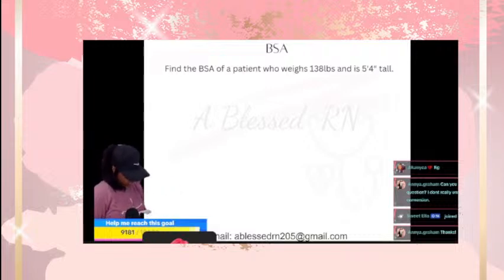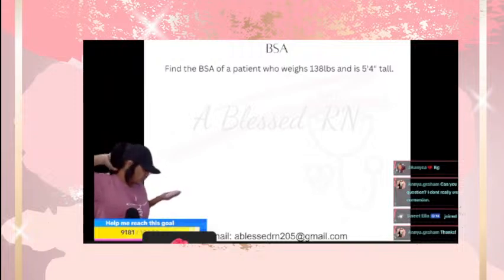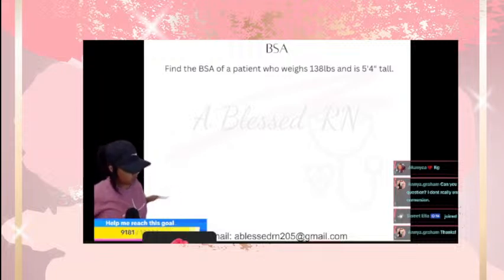So BSA, find the BSA of a patient who weighs 138 pounds and is 5 feet 4 inches tall. There are two ways to solve it. So you can solve it in the metric conversion way with your weight in kilograms times your height in centimeters divided by 3600, or you can solve it by using pounds and your height in inches.